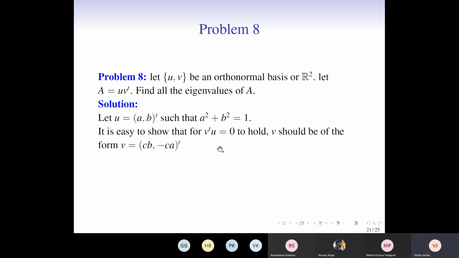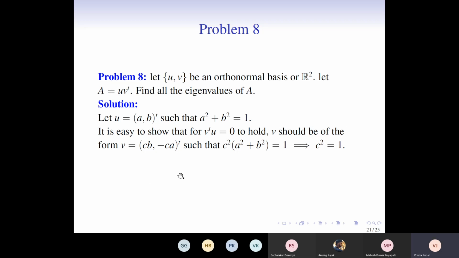V is a unit vector, so x squared plus y squared is 1, and U and V are orthogonal to each other, so V transpose U should be equal to 0. So you'll get xa plus yb equal to 0 and x squared plus y squared equal to 1. If you look at these equations, you'll realize that x and y should be of this form: cb and minus ca, where c is either plus 1 or minus 1.